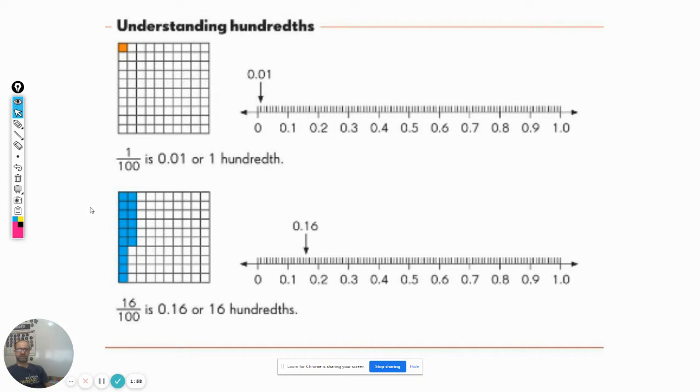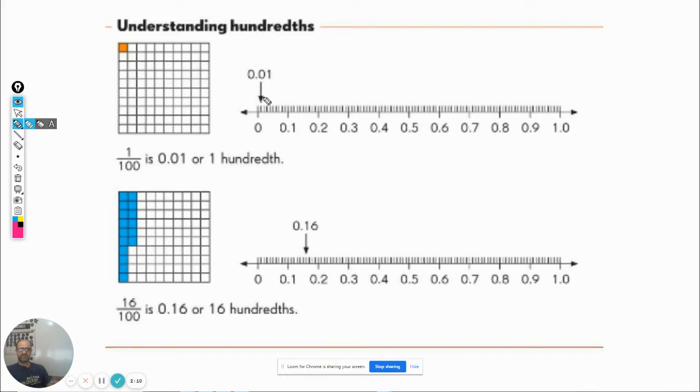Hundredths is when you were dividing a unit into 100 equal parts, which is why you've got all these itty-bitty tiny little fuzzy lines that you can't see. One thing, when I start getting into these number lines, especially if I'm dealing with hundredths, I like to just go add some zeros on here.